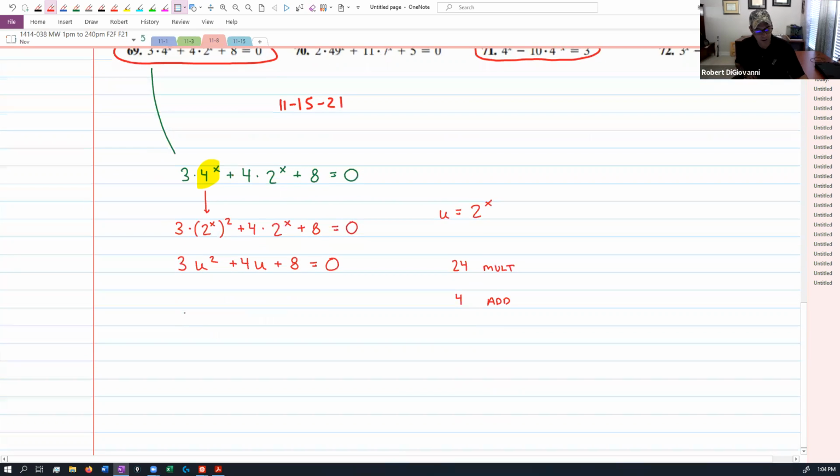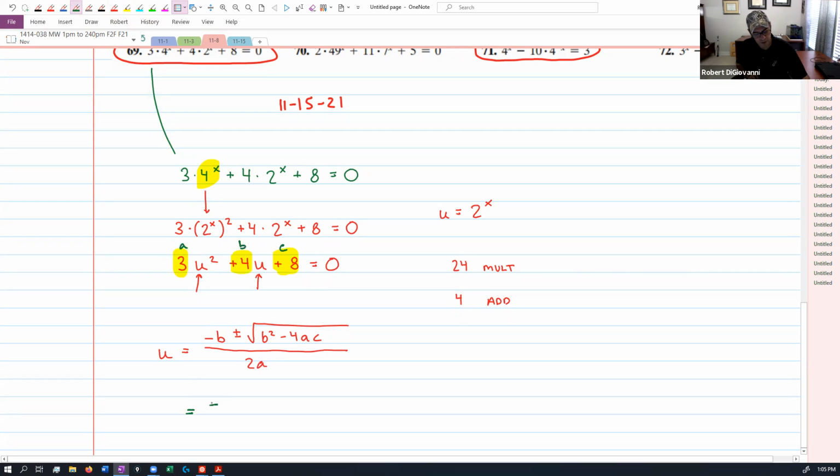So that means using the quadratic formula and realizing that our variable here is u, not x, our solutions to this will be negative b plus or minus the square root of b squared minus 4 times a times c, all over 2a, where a, b, and c are the coefficients. So we're just going to plug these into the formula and see what we get.